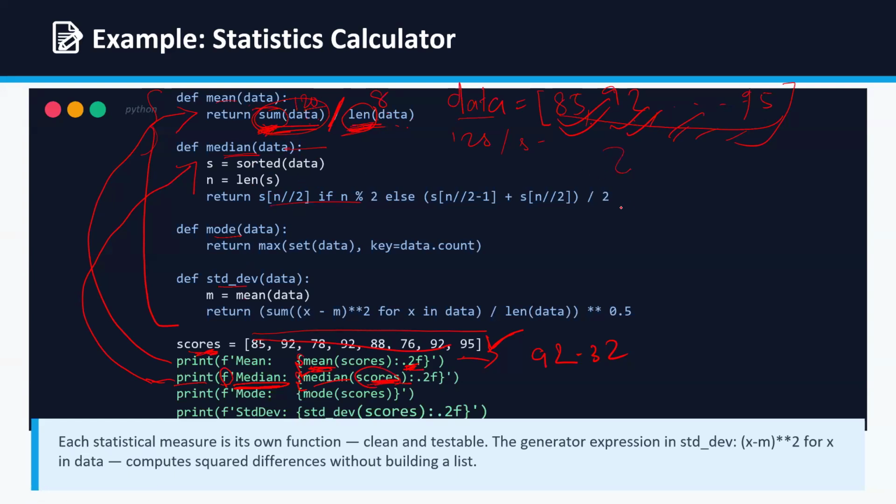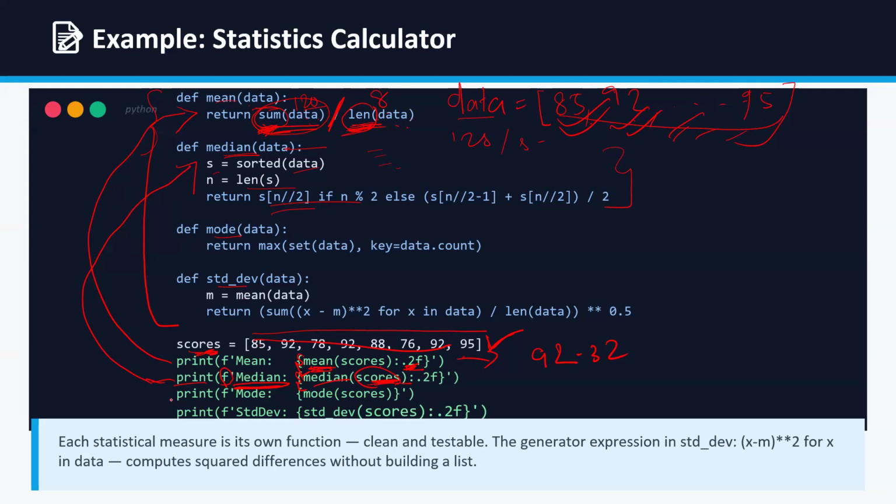I think you are all aware of these calculations in maths, how to find median, mode, mean, standard deviation. So accordingly it is given. For median, we first have to sort the data, right? Sorting means arranging in ascending order. Then the data is assigned, then the length, and then we do these calculations.